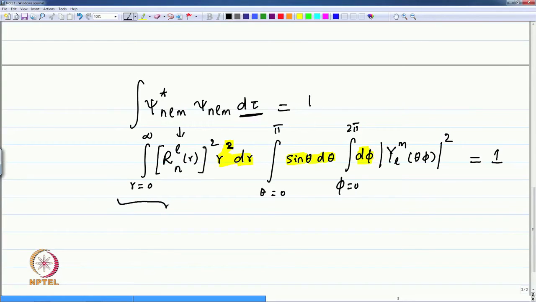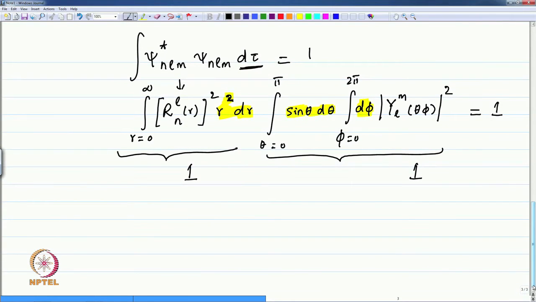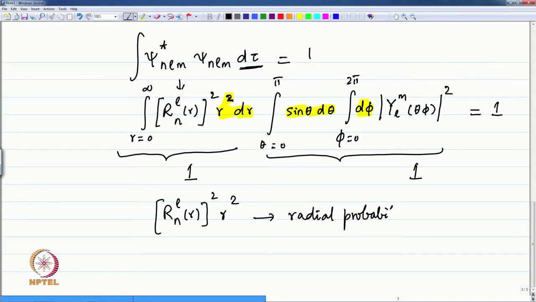Therefore, when you do this integral independently of the theta phi integral, note that the definition of Y l m's are such that this part is 1, and therefore the radial part is given by this, and now you can see immediately why the quantity R n l of r square is called the radial probability or radial distribution, because this probability, when it is calculated for all values of r from 0 to infinity, is equal to 1.